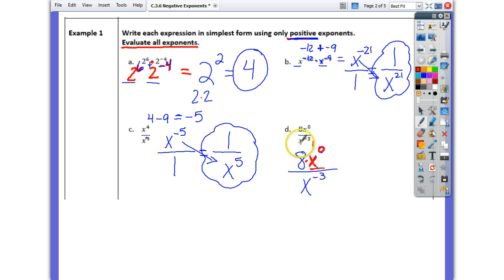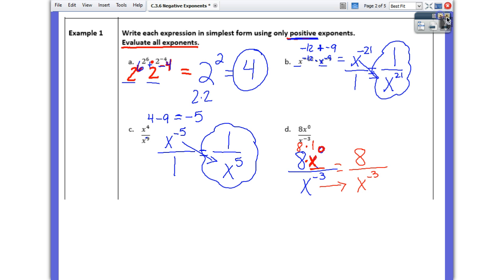And this means times, so I have 8 times 1. 8 times 1 is 8. So my numerator is 8. And then I still have x to the negative 3 here. I'm not done. We're not allowed to have negative exponents. So what is this going to equal?